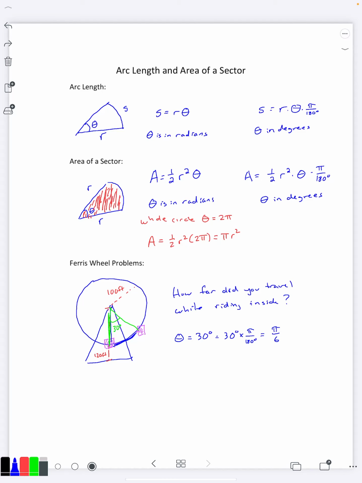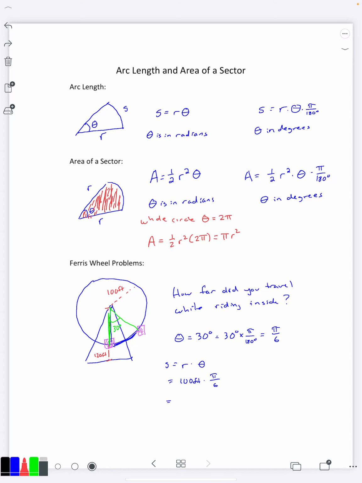If they had asked how much area was in that shape, then sure, but I can't think of a Ferris wheel version that would care about that area. So we go ahead and use S equals r times theta. Even though I told you the 120 feet, we don't need it right now because all we need is the radius of the circle, which is 100 feet, multiplied by pi over 6.